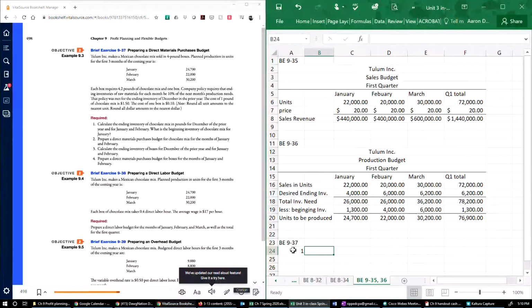What is the beginning inventory of chocolate mix for January? We can figure this out quite easily. Ending inventory for December, and we'll start with chocolate mix. That's what requirement 1 asks for.